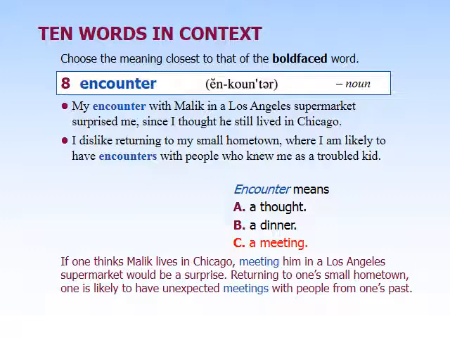That's an encounter. Even if you see someone you don't know and you talk to them for a short amount of time, that's also an encounter. So the important things to keep in mind is that it's an unexpected experience that is not long in duration, and tends to be a casual meeting rather than a formal meeting.